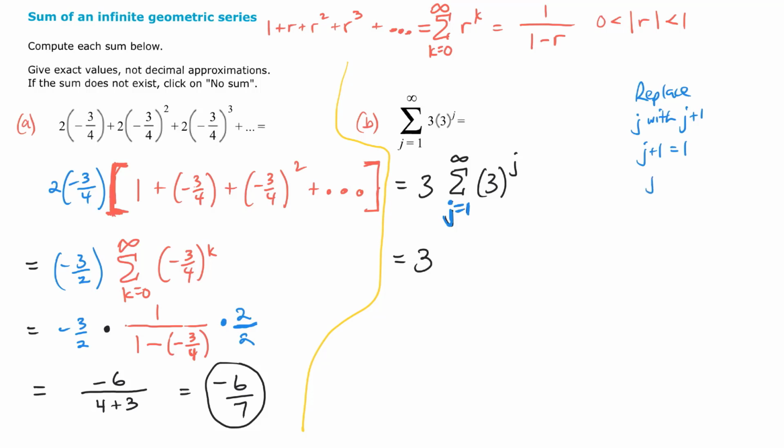Now you get a starting index of j equals 0. So that's great. Let's see what that looks like. Summation. Now we get j equals 0, 3, and replace j with j plus 1. So this is j plus 1. Those are equivalent summations.